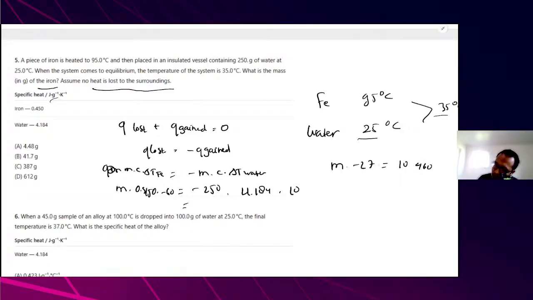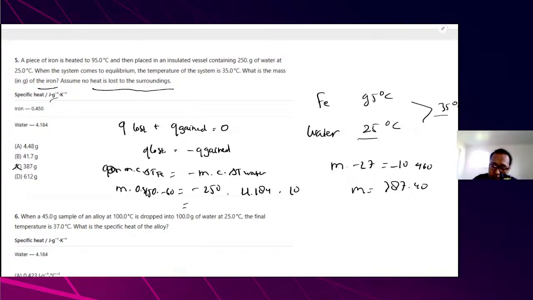So M will be 387.40. So it will be C for the answer.